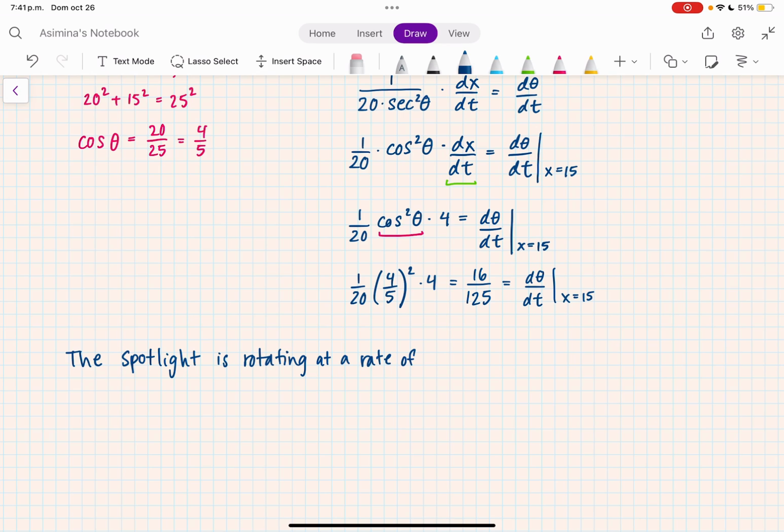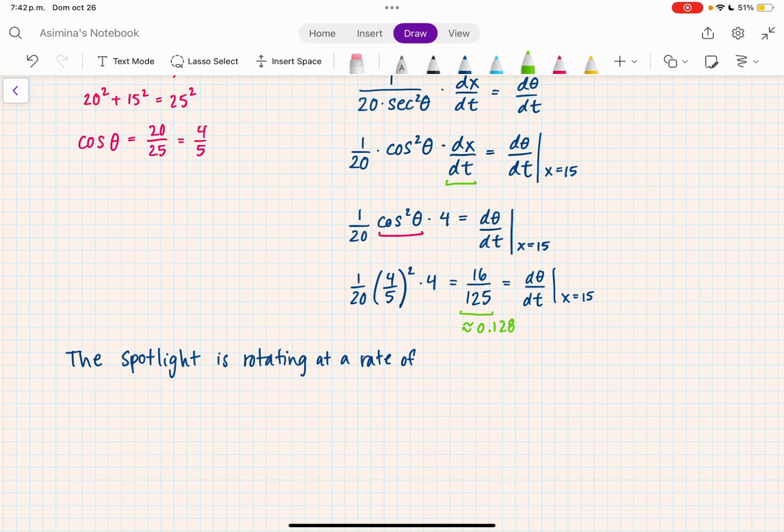now we, I guess, want to write our answer in terms of radians per second. So maybe we do that quickly over here. So this is what we have: this is approximately 0.128.